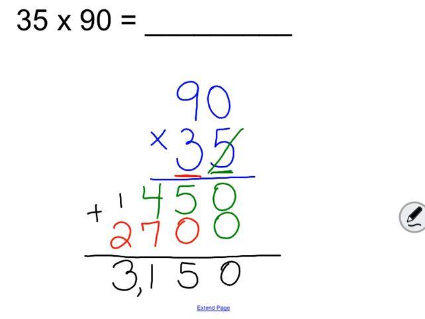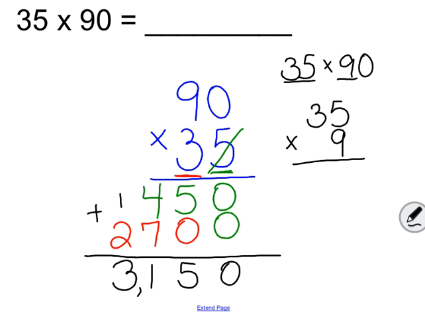And I could check my work using one of the other strategies that we had, which was multiply by 10, hundreds, and thousands. So I can do that off to the side just to make sure my answer is correct. So if I want to do 35 times 90, I also can do 35 times 9, then add the 0 in. 35 times 9. 9 times 5 is 45.